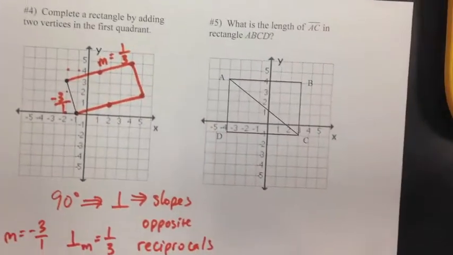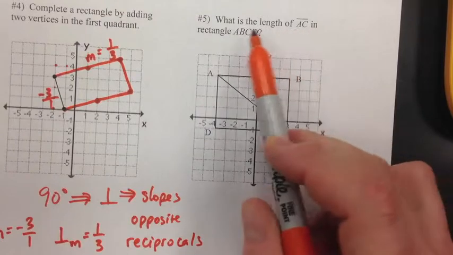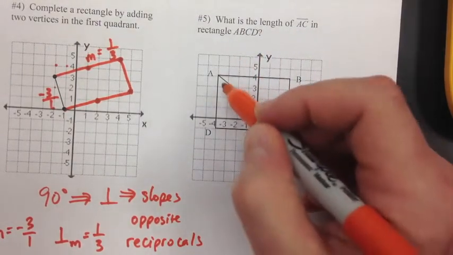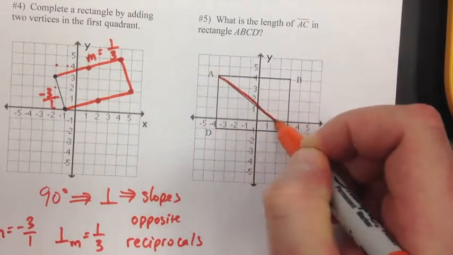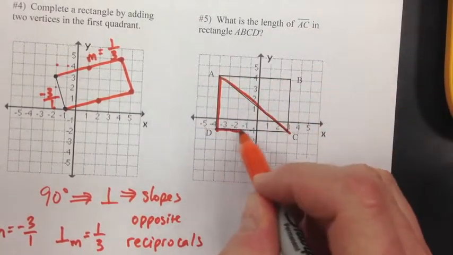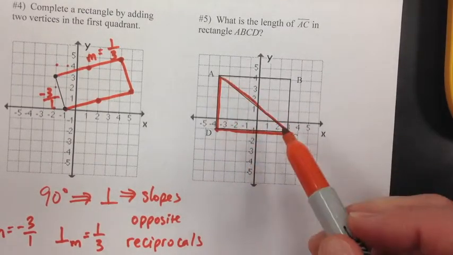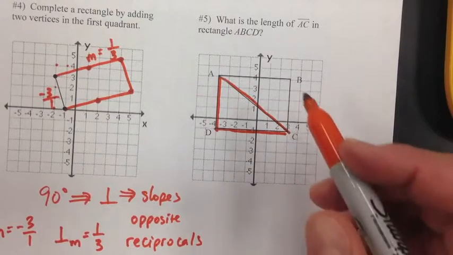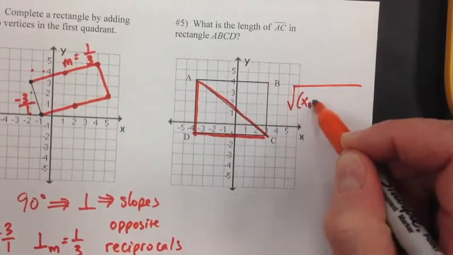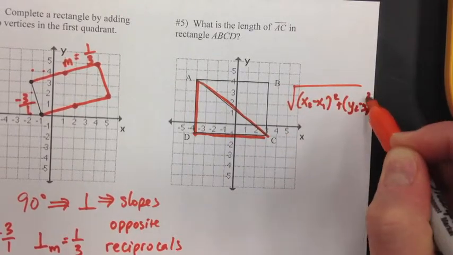All right, the last one here, number 5. What is the length of AC in rectangle ABCD? So AC, this is a diagonal. There are 2 ways you can do this. One way is use distance formula. Square root, you can do the square root of x2 minus x1 squared plus y2 minus y1 squared.